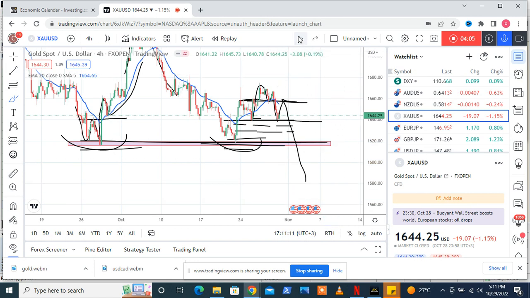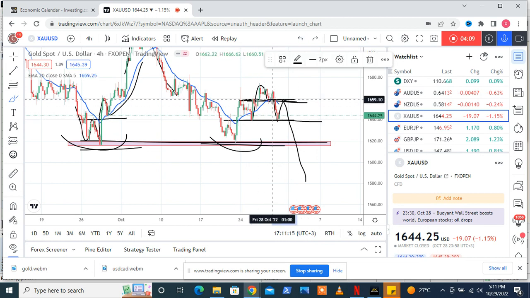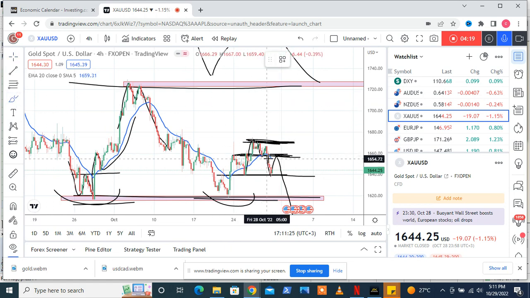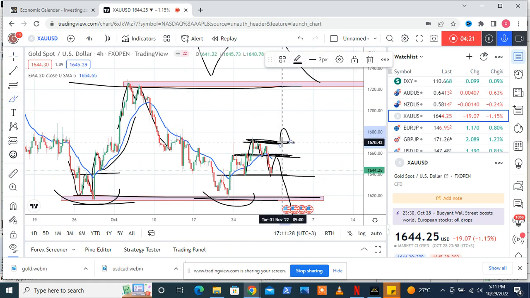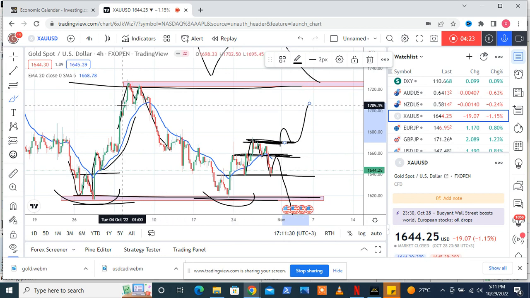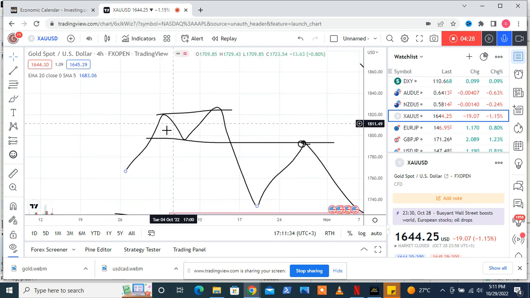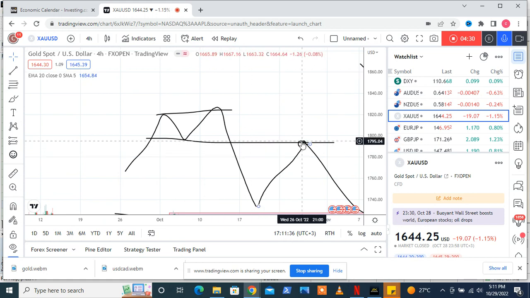That's just one way. And if the market manages to break this high, then I'll wait for a retest, enter, and take it all the way to this neckline. Remember, we talked about this M, the market has to retest this.